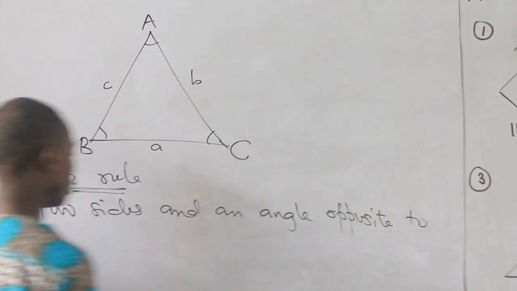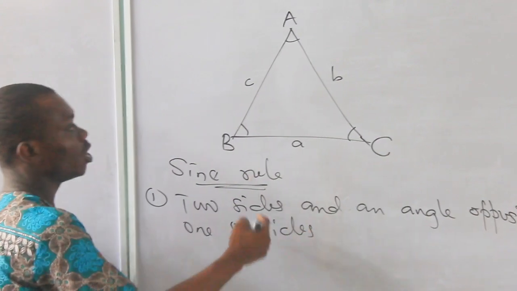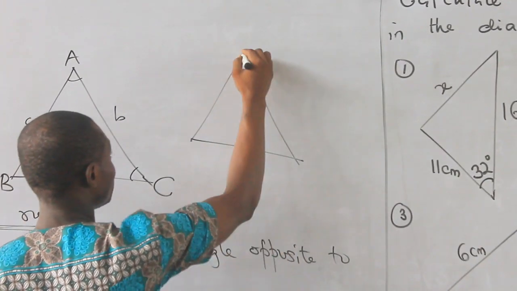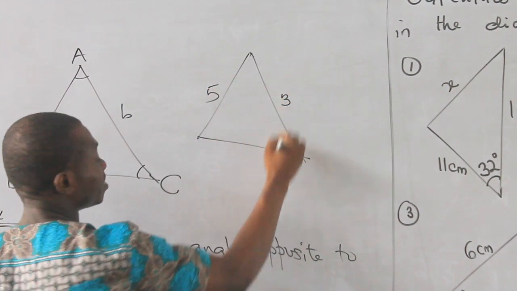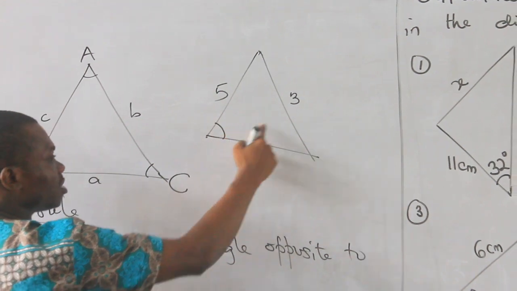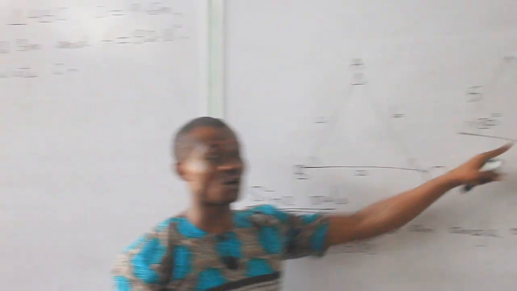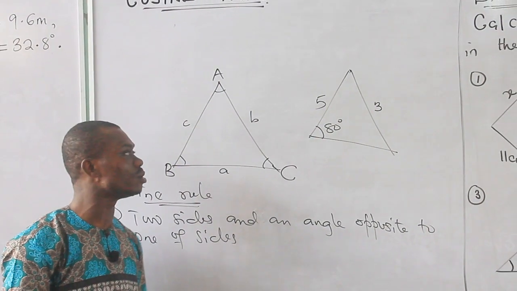So if I have two sides given, for example, let's assume this is given as 5 and here is given as 3, and then an angle that is facing one of the sides, let's say 80 degrees, is given. With this kind of diagram or example, you can make use of your sine rule.